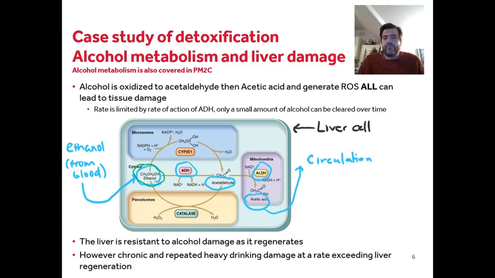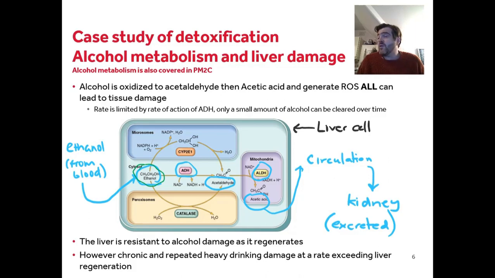So the main thing to notice about this process is each step produces what we call reactive oxygen species. So in the process of eliminating and biotransforming the alcohol, it actually produces reactive oxygen species which can cause inflammation and damage to the liver.